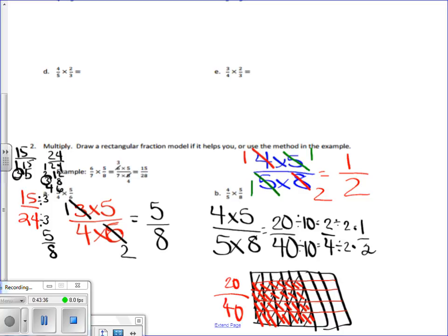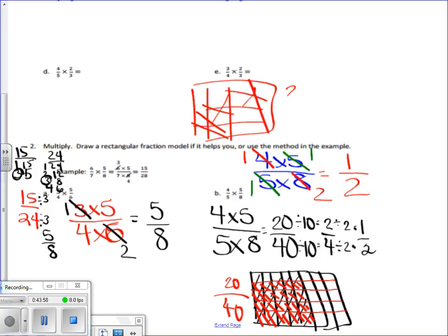I don't know. Because if you're going to do a rectangular model to give me an answer, in order to get credit, it has to be exactly right. It can't just be some kind of sloppy drawing, and then you write some wackadoo answer, and you think I'm going to go, okay, that's a rectangular model, that looks good, and you think I'm going to be okay with this.